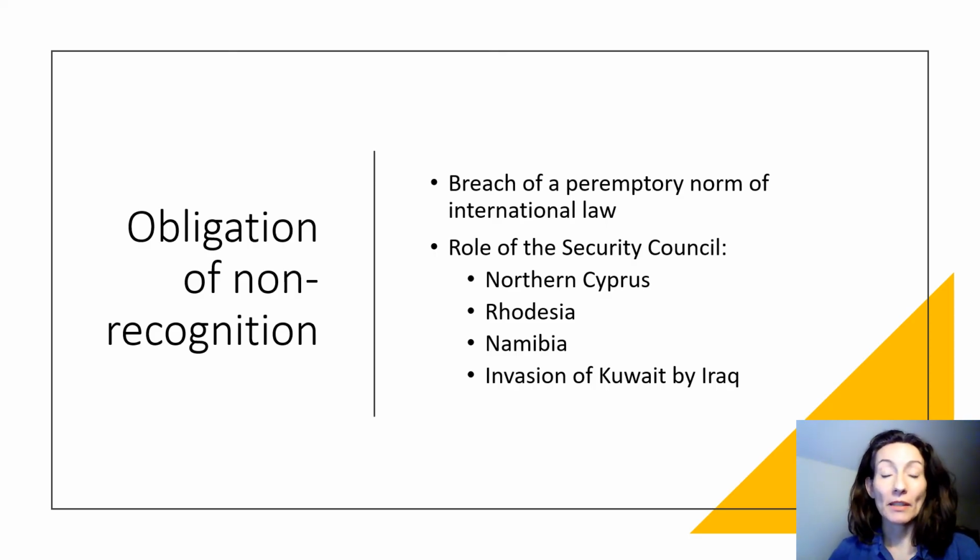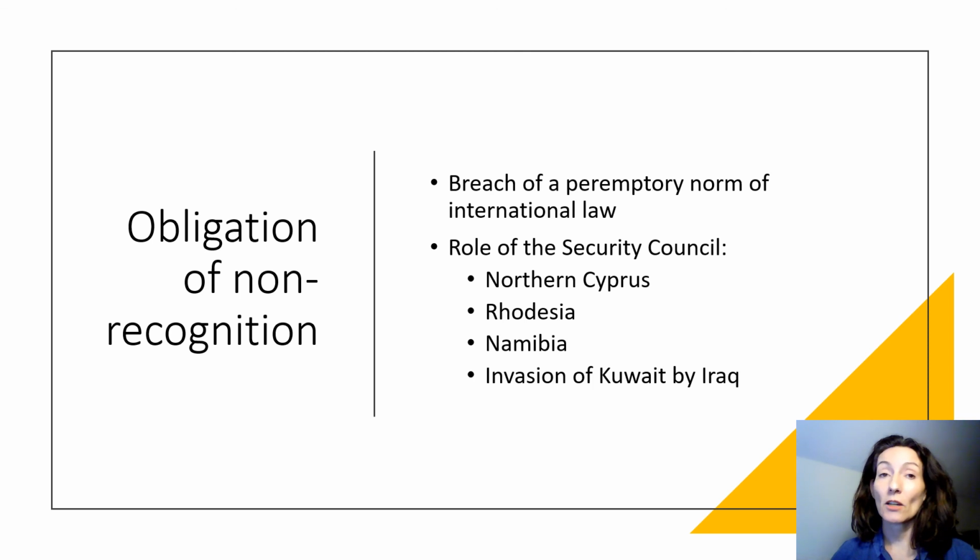A reminder here, which is explained in further detail when we look at the topic of international responsibility of states, that states are obliged not to recognize situations that are the consequence of a breach of a peremptory norm of international law.